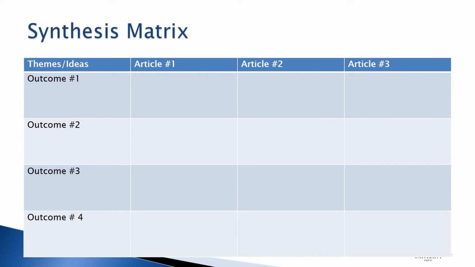Maybe you come to Article 2 and only 2 of those outcomes are referred to in Article 2. And then you come to Article 3 and it covers all the first 3 outcomes and an interesting new additional 4th outcome. And you put this table together then to be able to see where there is consensus or disagreement in the literature on your particular research.